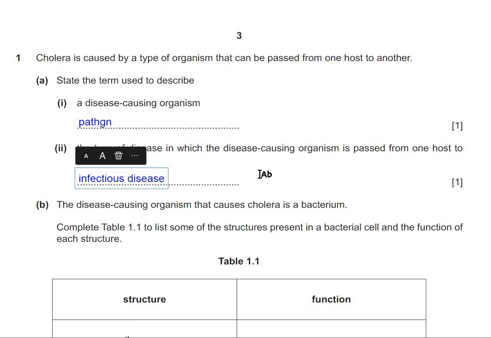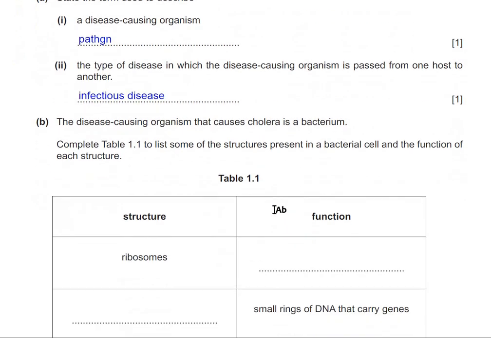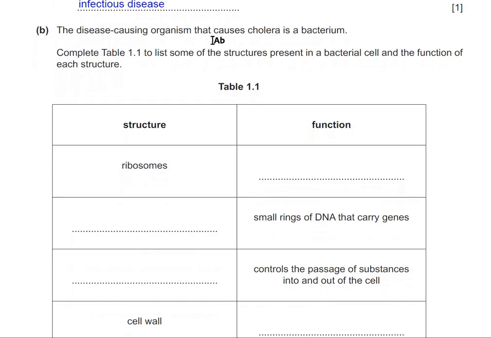So, without wasting any more time, we move towards part B, which says that the disease-causing organism that causes cholera is a bacterium. Alright, so let's highlight this keyword. Complete 1.1 to list some of the structures present in a bacterial cell and the function of each structure.